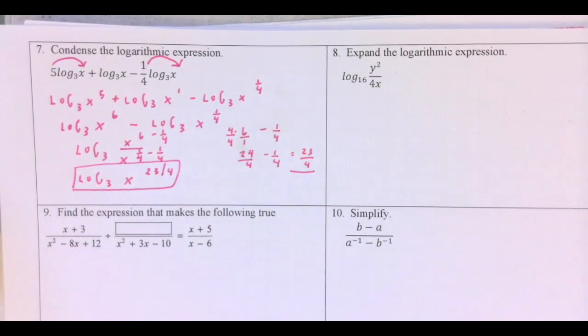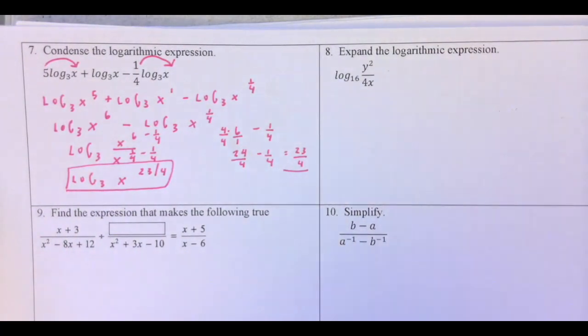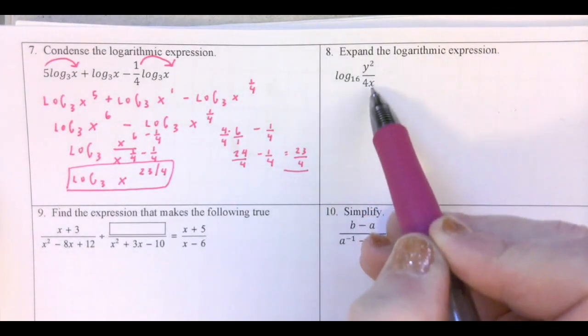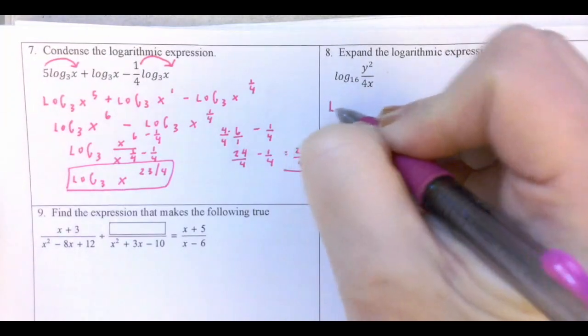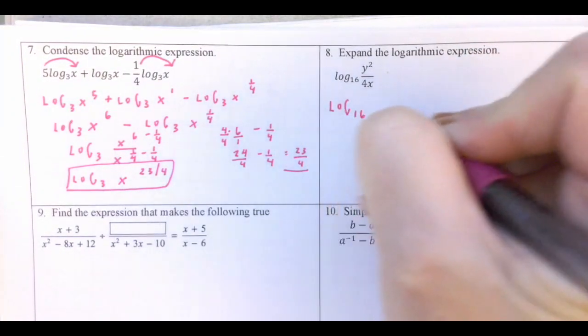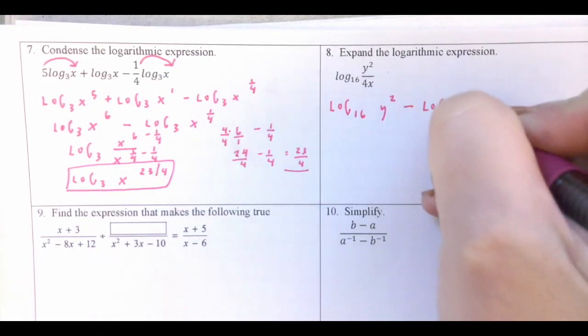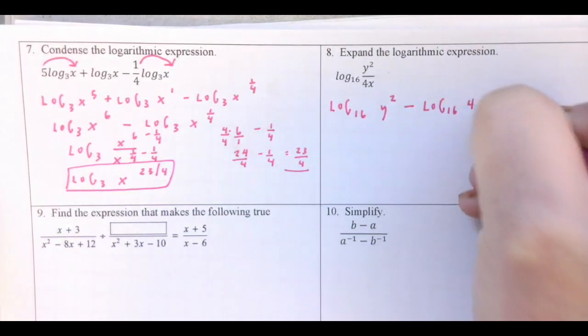Okay, then I'm going to expand it. So over here, we're going to expand this logarithm. So here I start off with the fact that it's a quotient, a fraction. So I'm going to split it into log base 16 of y squared minus log base 16 of 4x.